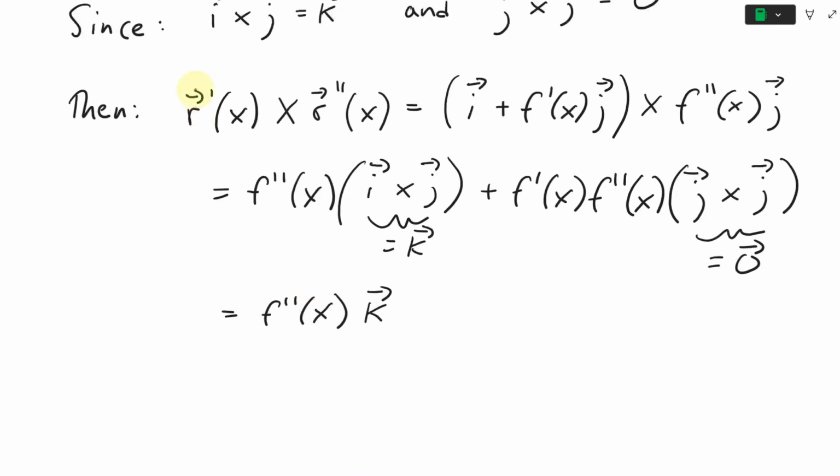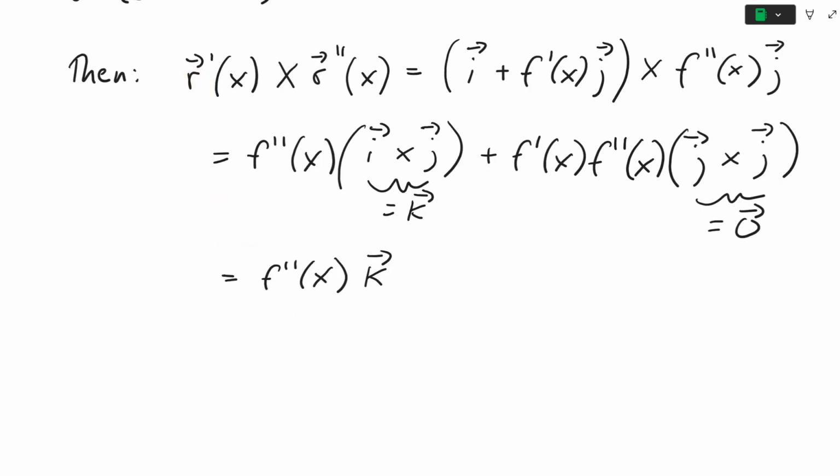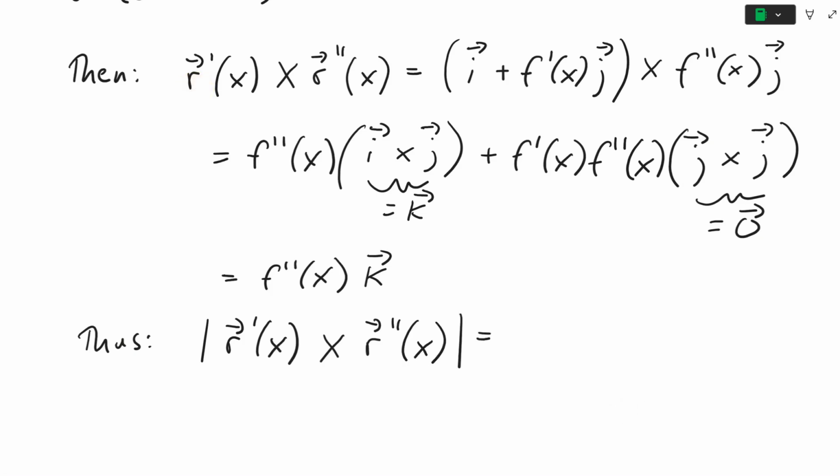So I'll say thus: the magnitude of r prime of x cross product with r double prime of x, like that. This is just going to be the square root of all the components squared.